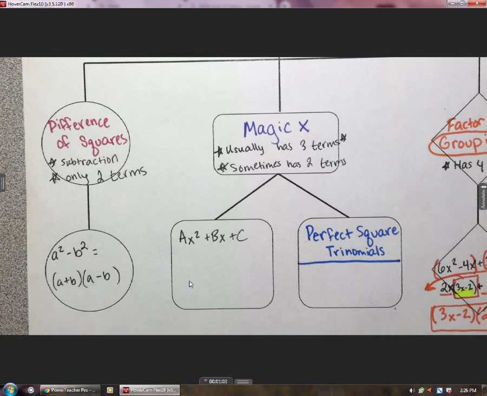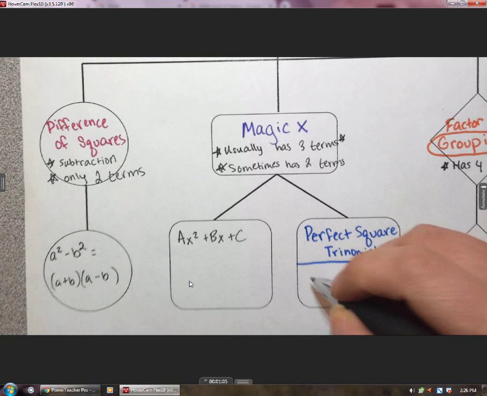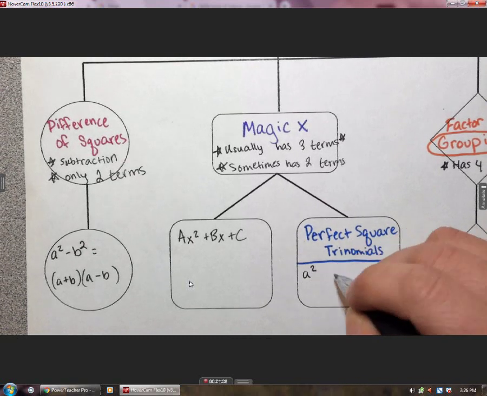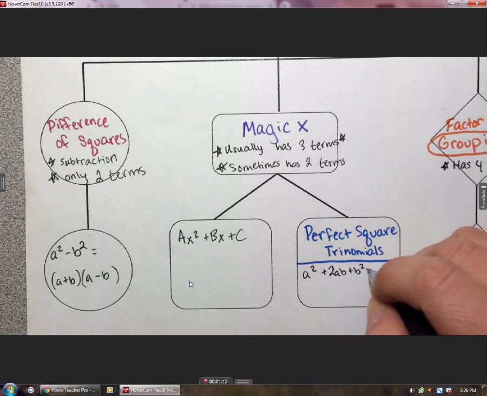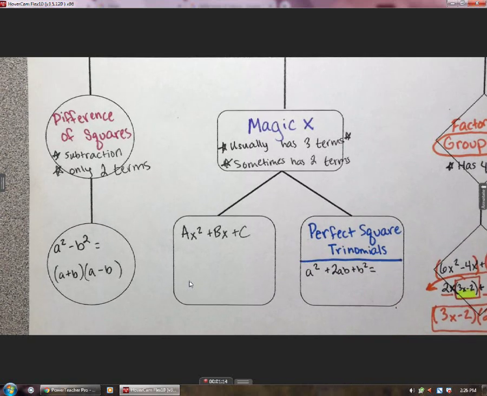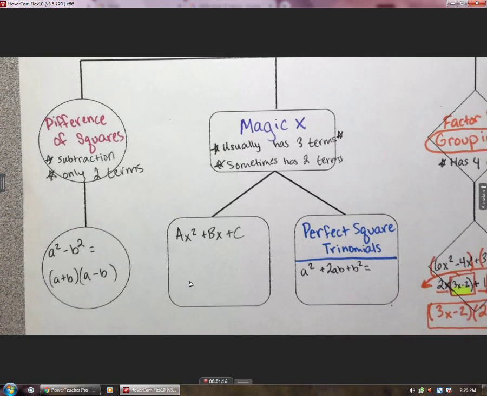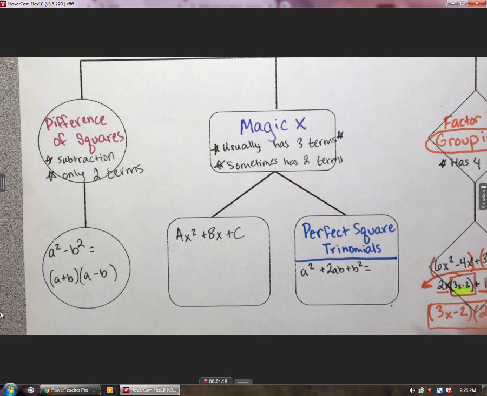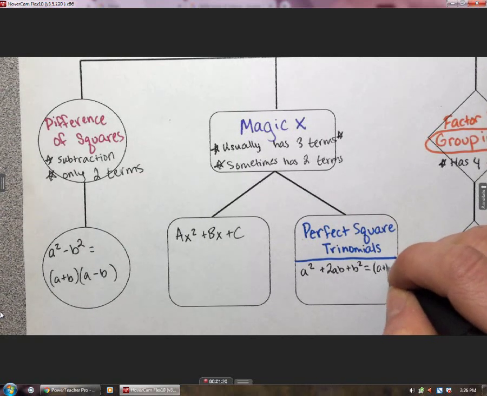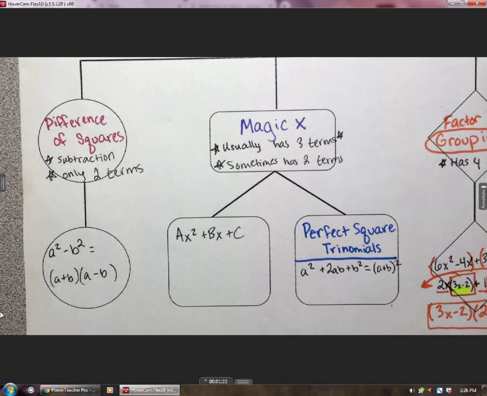This rule looks like this. You might have two situations. You've seen this before. A squared plus 2ab plus b squared equals (a plus b) squared.